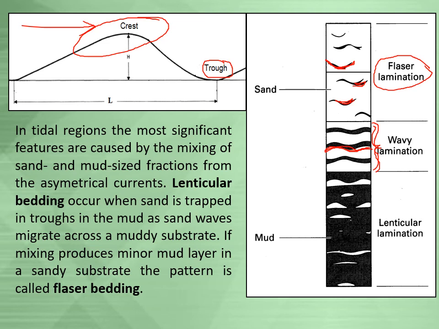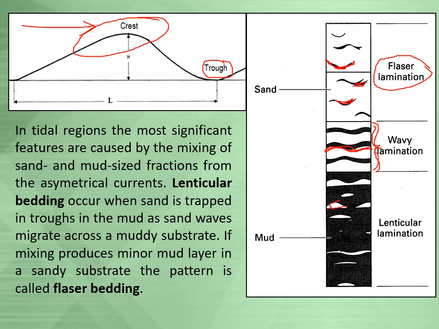Now in the last case, when the mud proportion or mud deposition is extremely high, you can find some isolated sand ripples floating within the mud. Sometimes they are connected or sometimes not. They are totally isolated. It looks like they are floating, these white colored portions, these sand bodies.